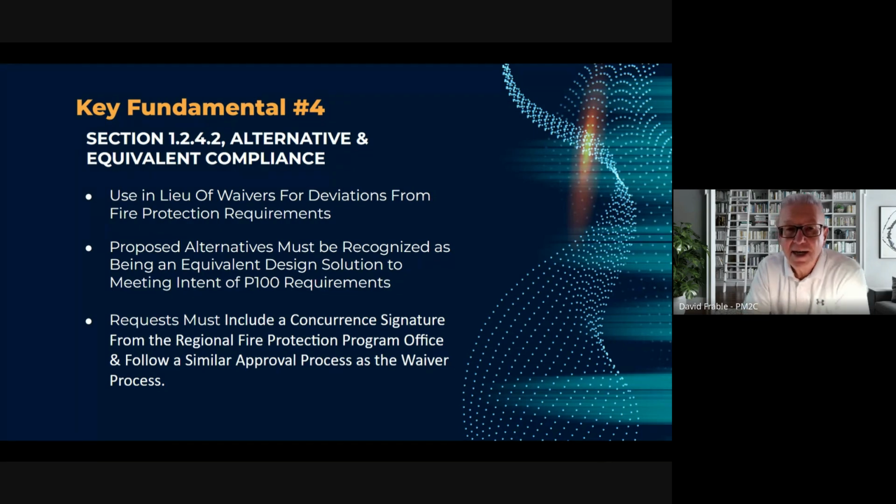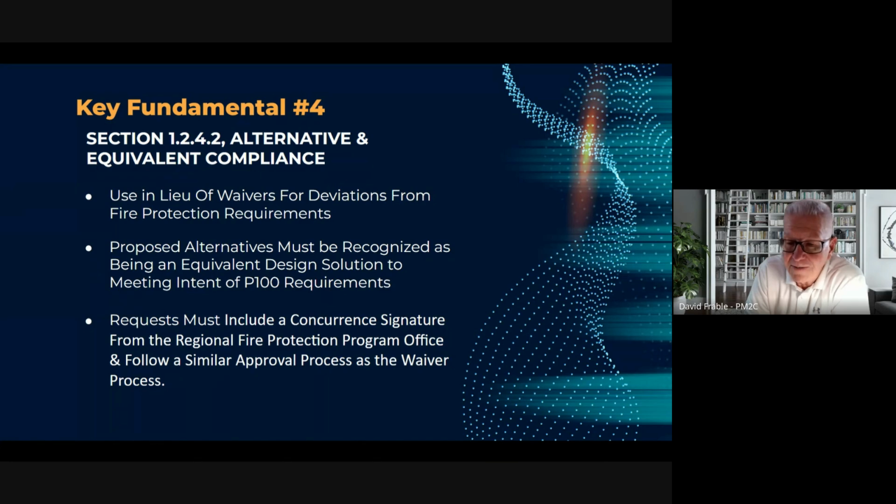Now, that being said, the fourth topic to discuss is alternative and equivalent compliance. This process is used in lieu of waivers for any deviation of the fire protection requirements in Chapter 7 in P100.